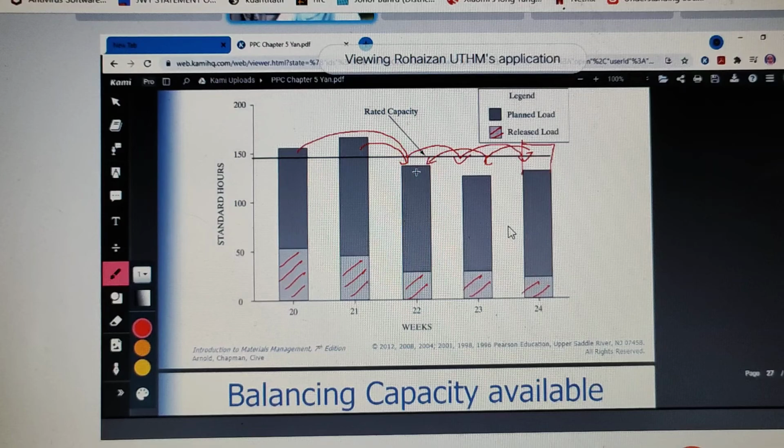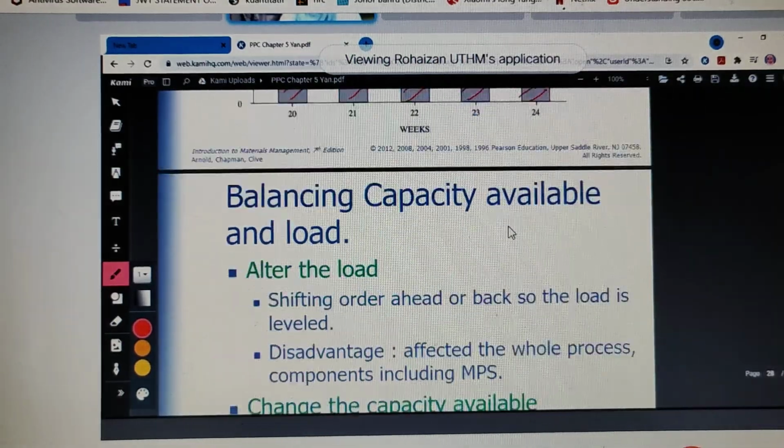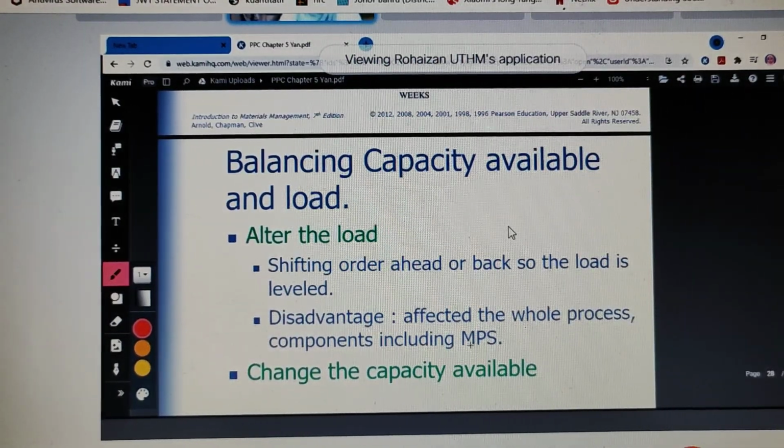When we move it here, this also needs to change, so the process for the other machine is also affected, the other components waiting are affected, and towards the end it includes our MPS. So we need to change a lot. We need to do some revamp.